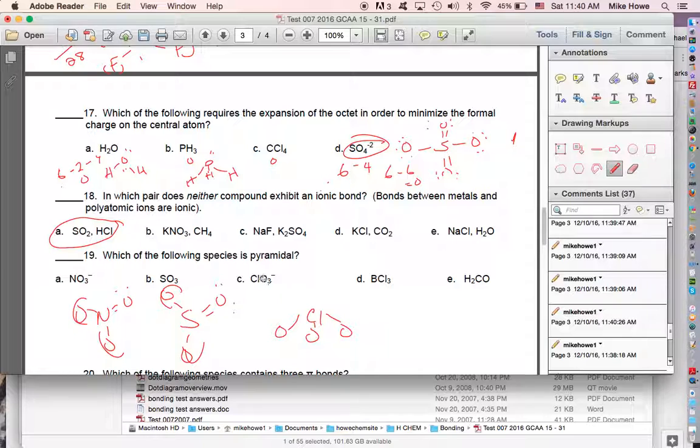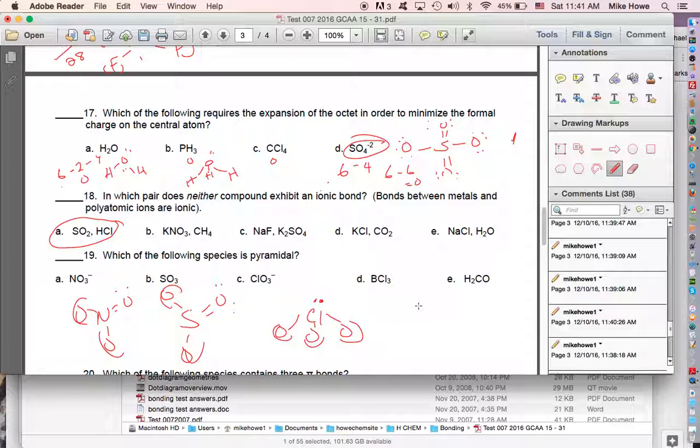Because you've got 7 plus 6 times 3 plus 1, so 7 plus 18 plus 1 is 26. Take away 6, you have 20, so you put 6 here, and 6 here, and these 2 electrons right here make it pyramidal. So once again, how I got to 26: 2, 4, 6 in the picture, 6 more here, 6 more here, 6 more here, and 2 more here, and that all adds up to equal 26.